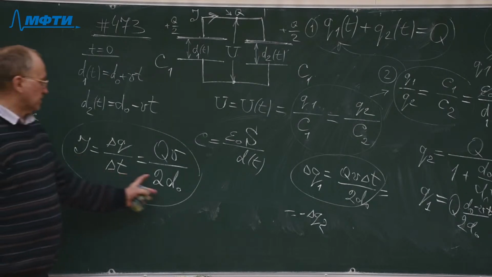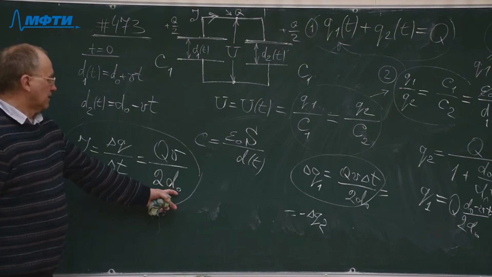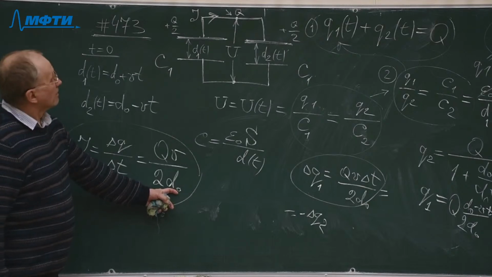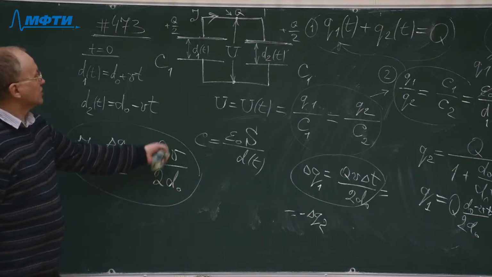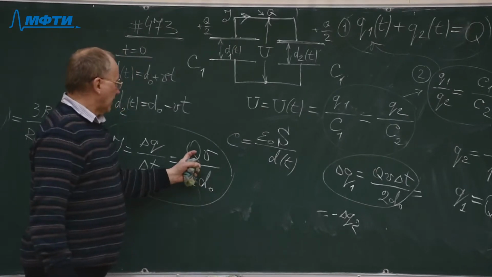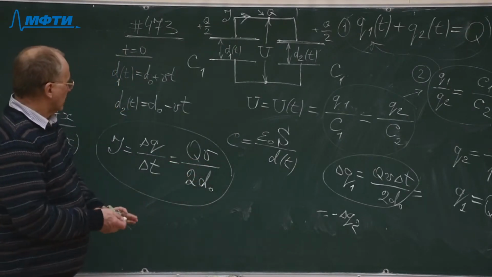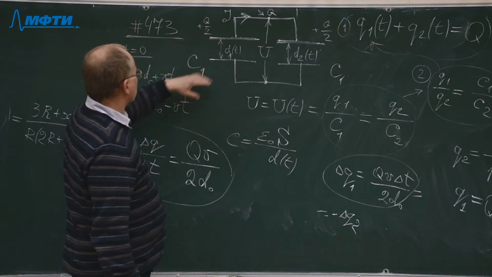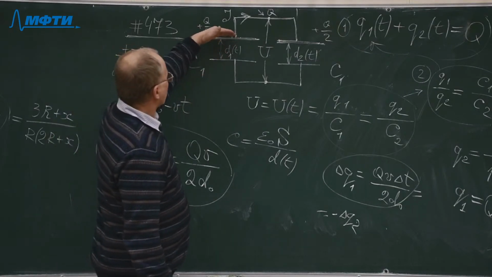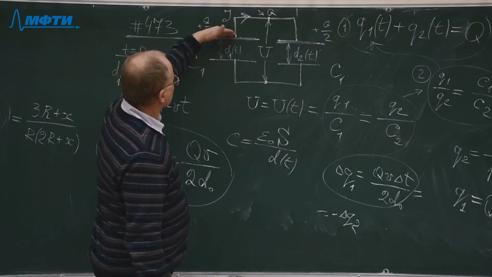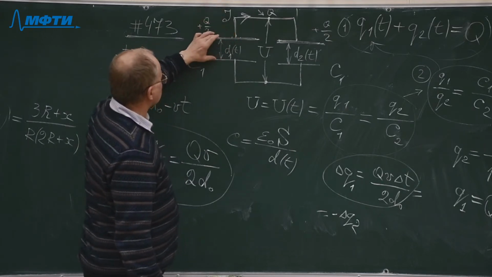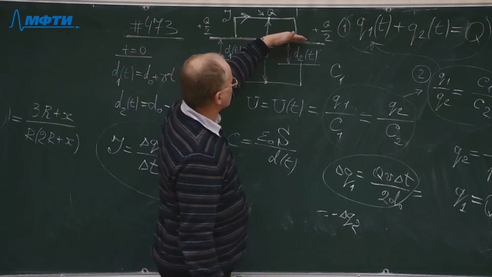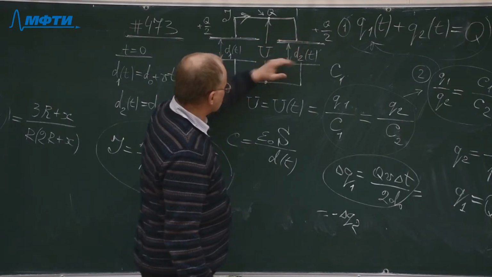The current will depend on the initial distance between the plates of the capacitors and the initial charge put in this circuit, and the velocity at which the plates move. And we remember that the upper plate of the first capacitor was moved upward so that the distance increased, and for the second capacitor the upper plate was moving downwards so that the distance decreased.